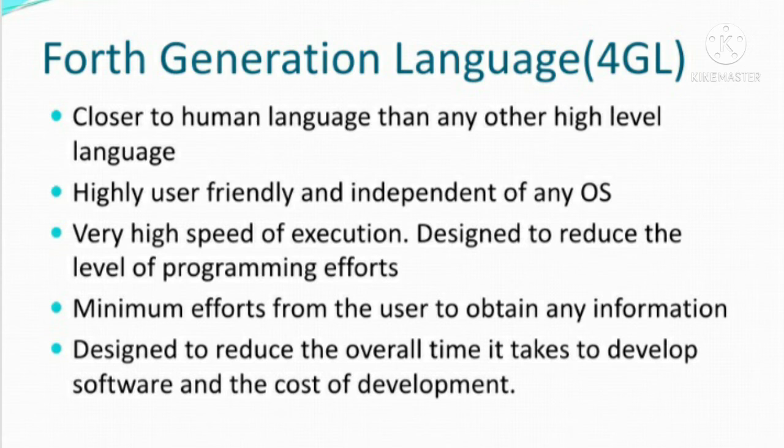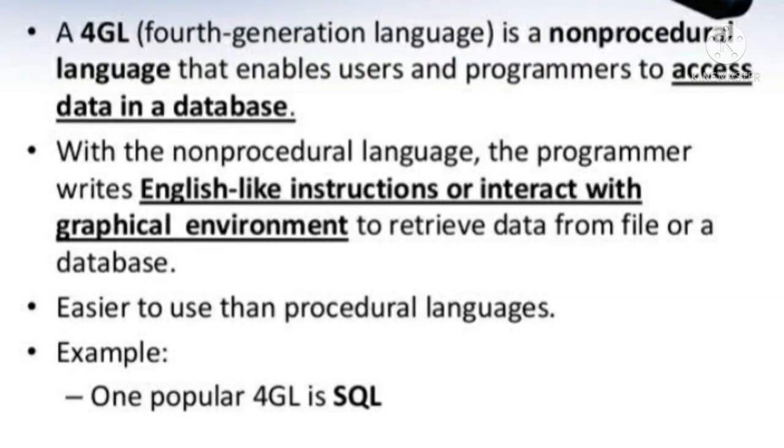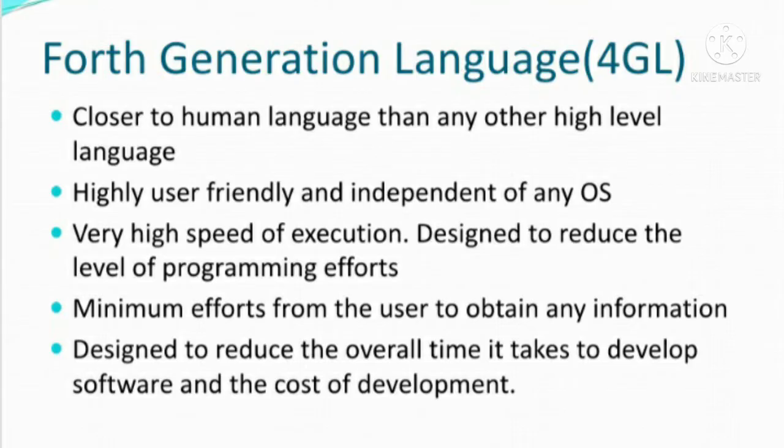And next comes the fourth generation language, which is very close to human language, because this kind of programming includes statements which are closer to human language. Some examples of this language include Perl, SQL, Python, etc., which are mainly used for database programming. The features include being highly user friendly and independent of any operating system, which means it is easy to program using this language.